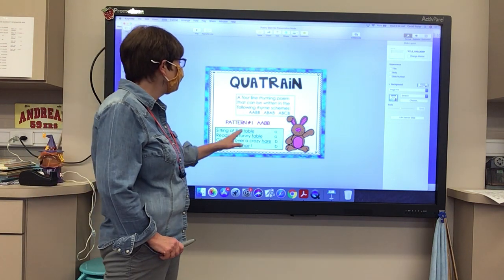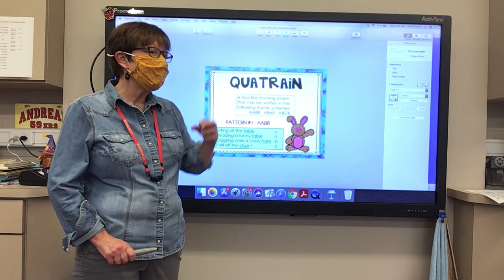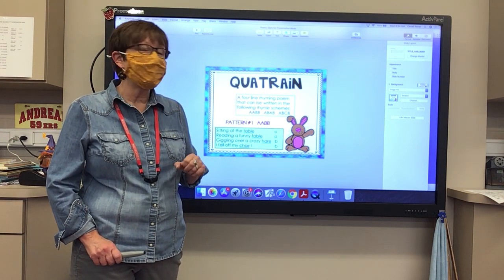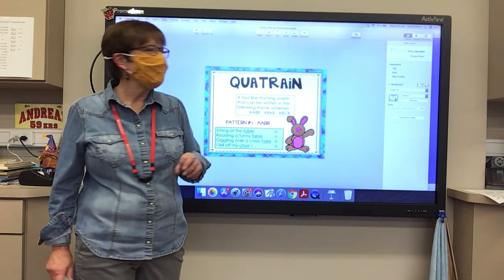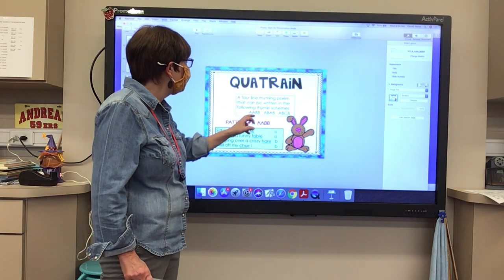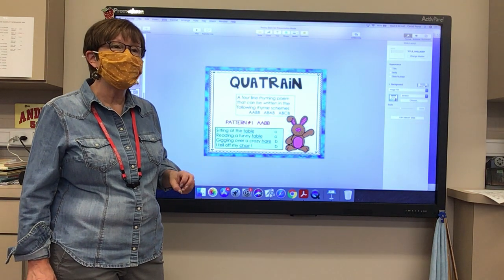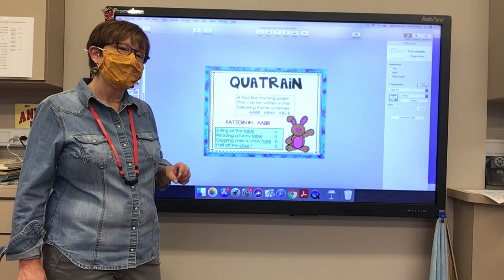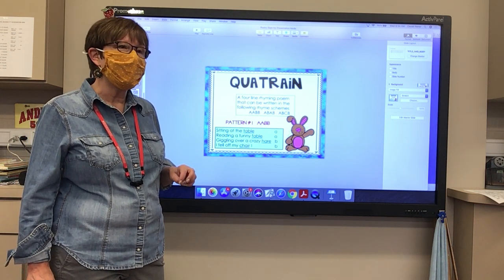So we're going to try to do an AABB, where the first 2 lines rhyme and the second 2 lines rhyme, and then an ABAB, where the first and third, and then the second and fourth lines rhyme. Can you do it by yourself? Yes, you're going to do it by yourself, because you're writing your own little poems.